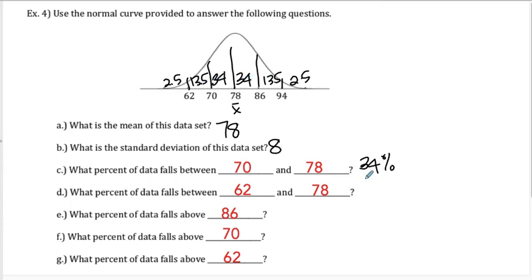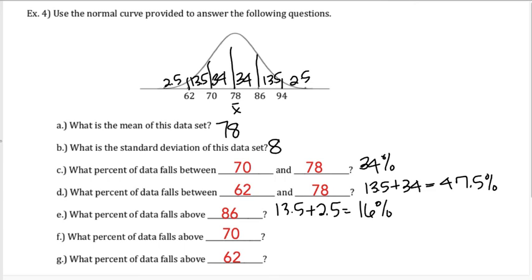So we're going to add 13.5 plus 34, and we'll see that that is 47.5%. What percentage of data is above 86? That's going to be 13.5 plus 2.5, which is 16%. What percentage of the data is above 70?